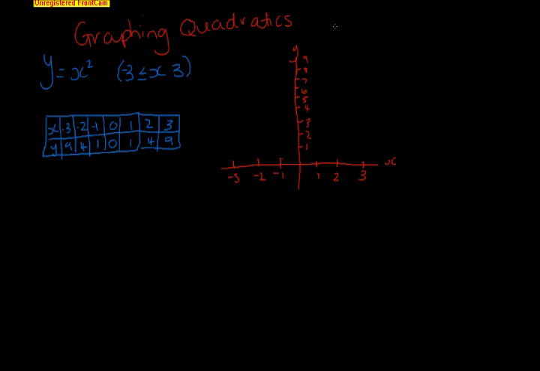It's a bit messy. Writing is a bit hard, so it's going to take me some practice to get super neat. Once we've got our scale, we can start plotting our points.